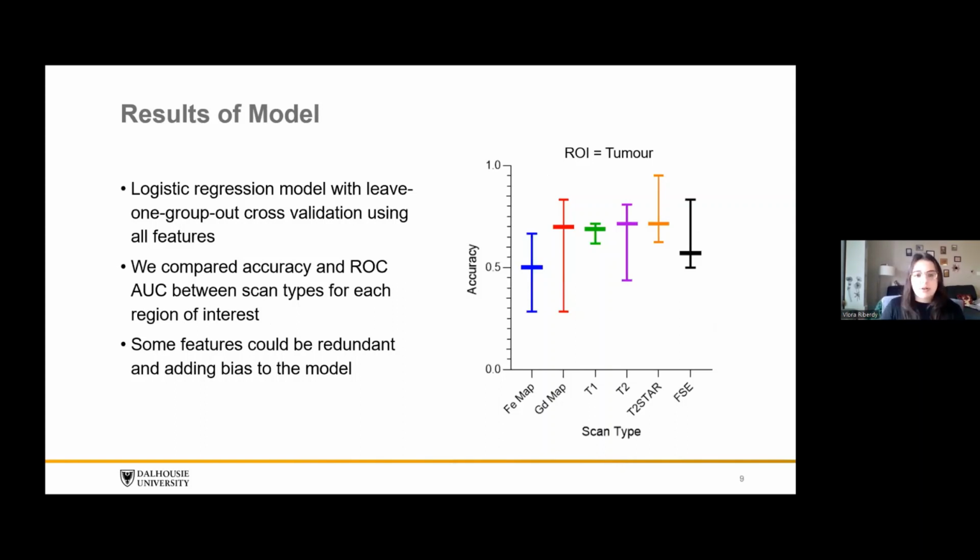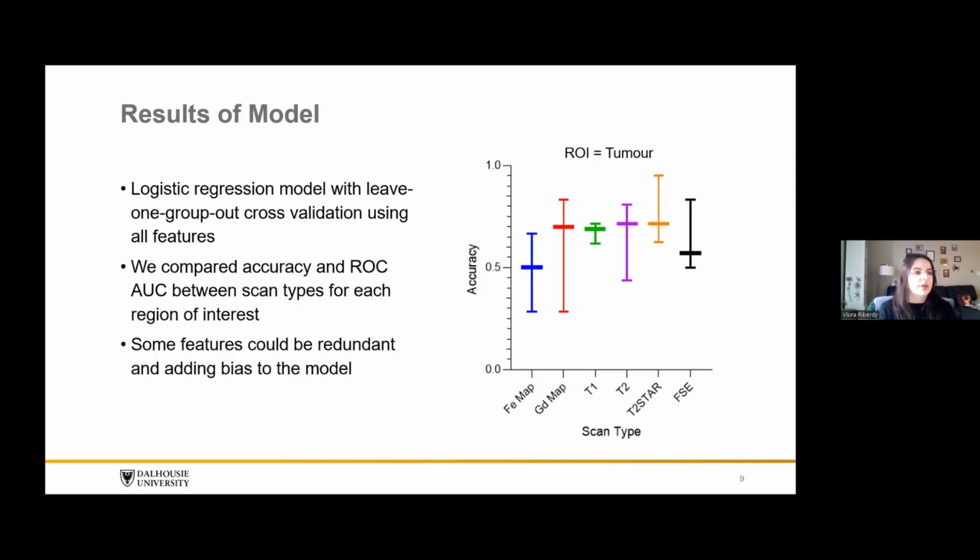So as a first go at this, sort of an exploratory process, I used a logistic regression model with a leave one group out cross-validation. And with this one, I just put in all of the features, all 107 features for each day, and compared between the different scan types and the 2 different ROIs.